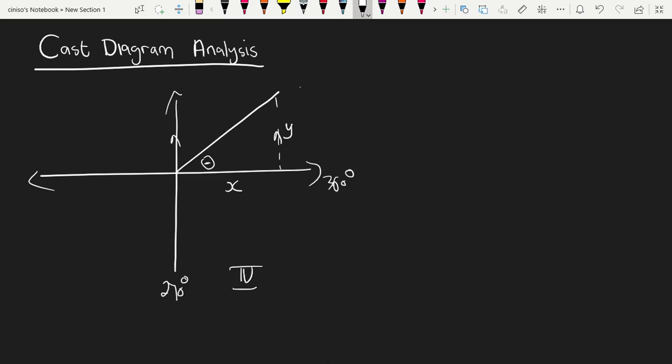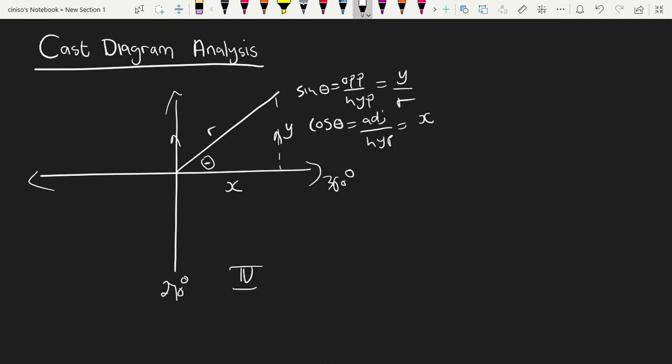And we know if we want to identify our trig ratios, sine of theta, which is opposite over hypotenuse, equals what's the opposite? Y. Hypotenuse is r, right? This will be r because there's an imaginary circle around the Cartesian plane. So finding cos of theta will be adjacent over hypotenuse.